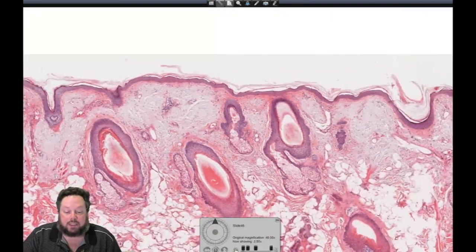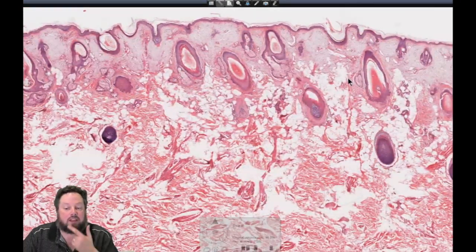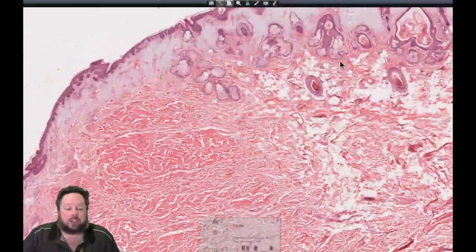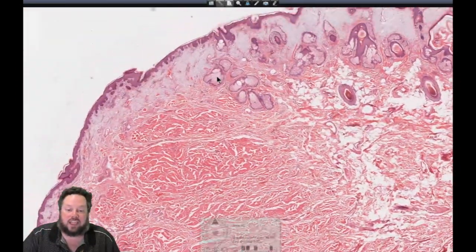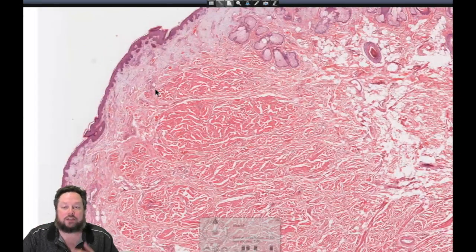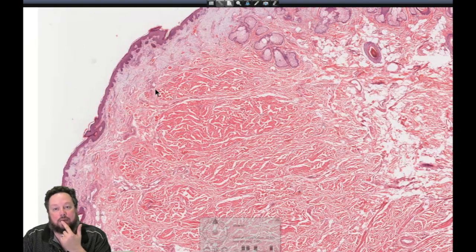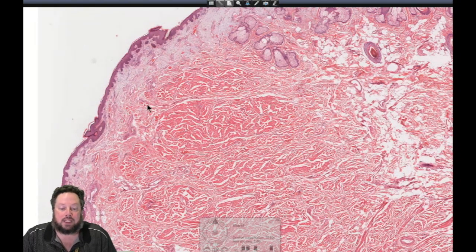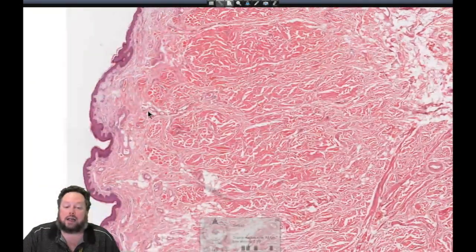So if we zoom out again, here we've got the hairy part of the skin. If we continue down, we see sort of an end part here where we no longer have hair follicles or any glands whatsoever. So this is this part of the lip here, which is known as the orocutaneous border. Now some textbooks refer to this as the vermilion border.